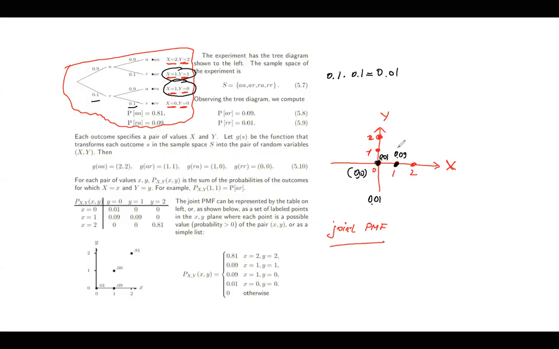So 1, 1 here. 1, 1 is going to be 0.9 times 0.1, which is 0.09. And 2, 2. So here, which is 0.9 times 0.9, which is 0.81.